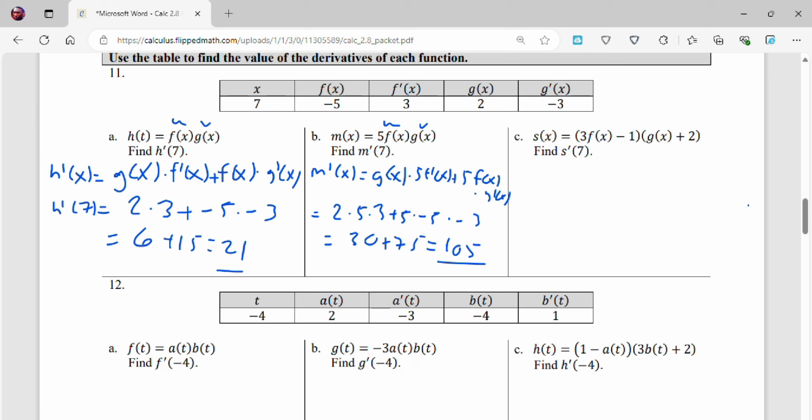s of x equals 3 f of x minus 1 times g of x plus 2. So we have to find the derivative. This is going to be v. This is going to be u.